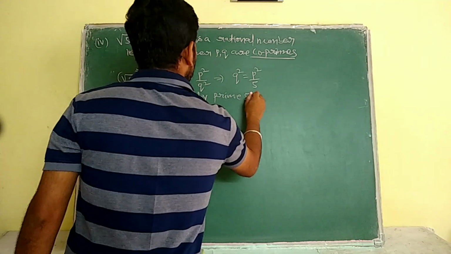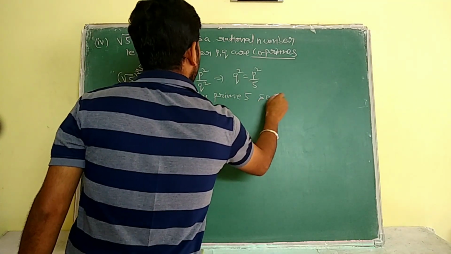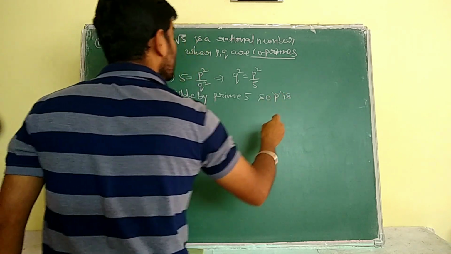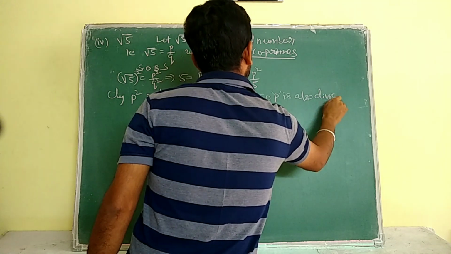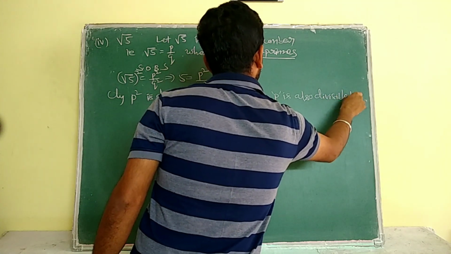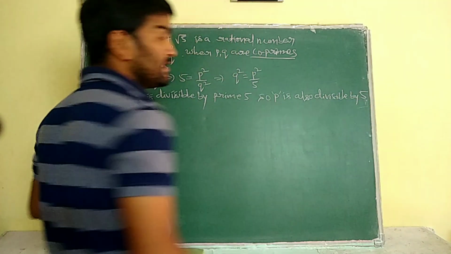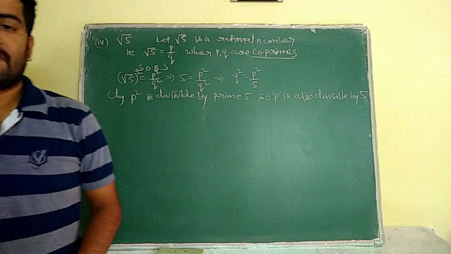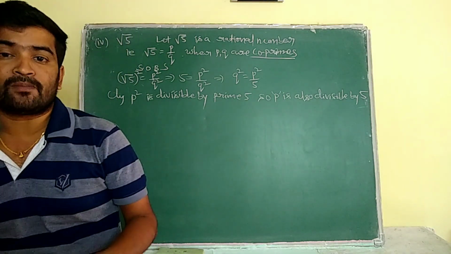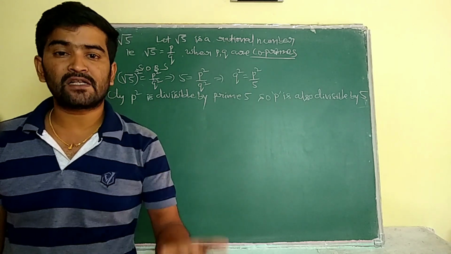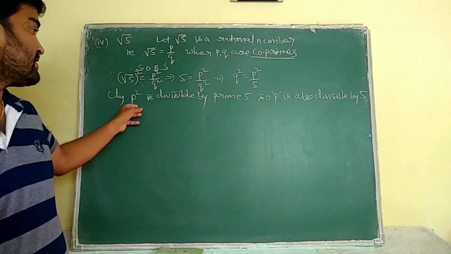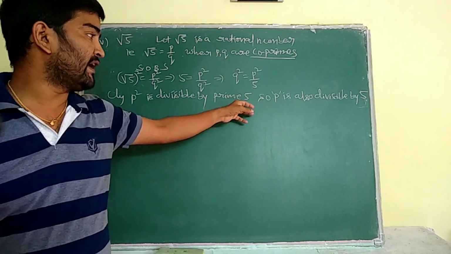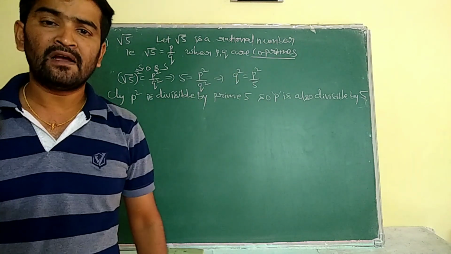So p is also divisible by 5. Now this is theorem 1.6. We learned that if a square is divisible by a prime p, then a is also divisible by the same prime p. Similarly, here p square is divisible by prime 5, so p is also divisible by 5.